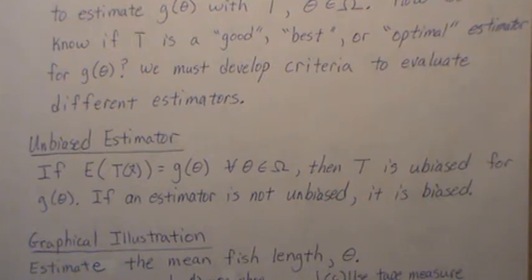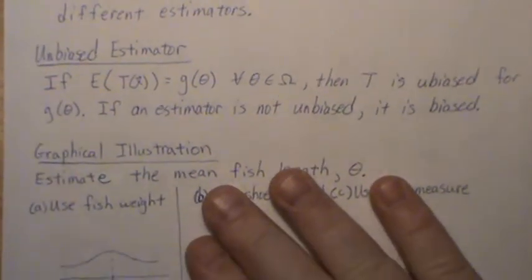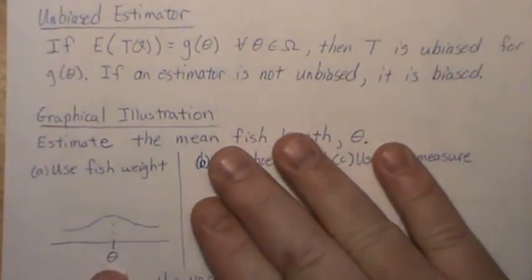So what we do is we catch a sample of size n fish, and then we somehow want to measure them, and then we're going to use that average fish length in our sample to estimate the population mean. But what if we forgot our tape measure and we only had a scale so we could weigh the fish? Okay, so this is what it would look like.